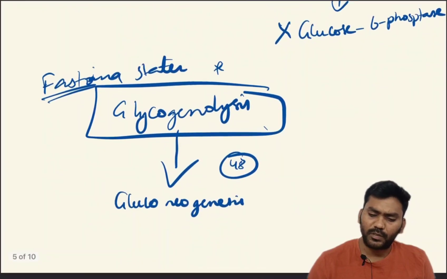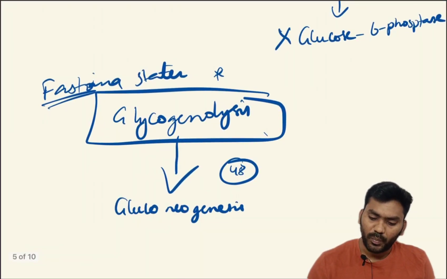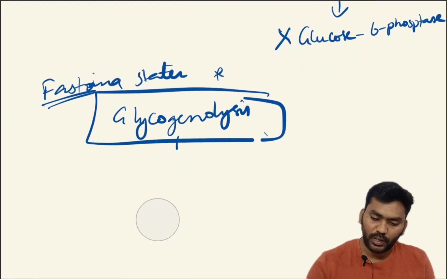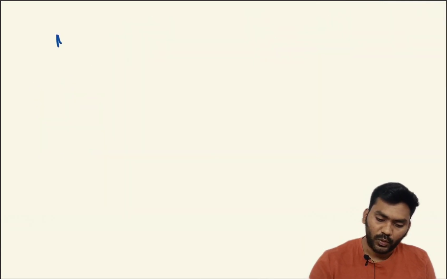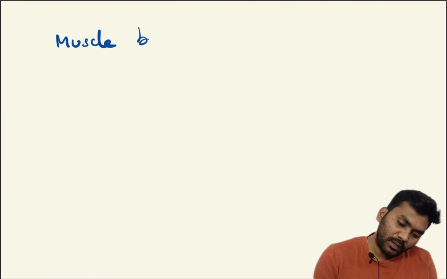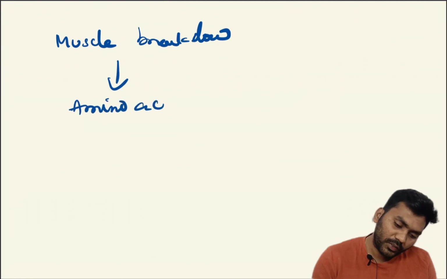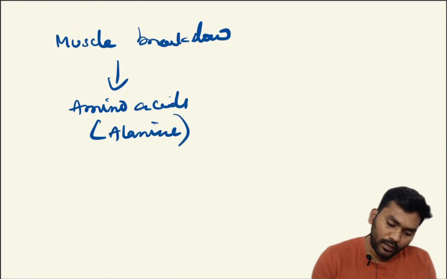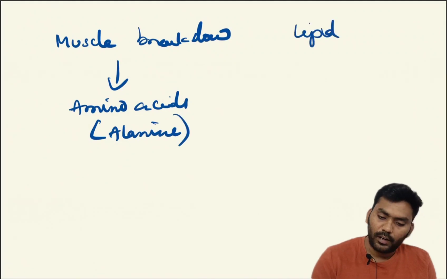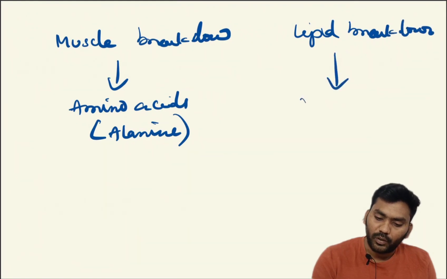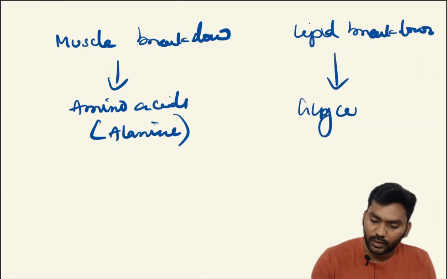From where will the substrates come for this gluconeogenesis? Mainly two important things will contribute substrates for gluconeogenesis. One is muscle breakdown. Muscle breakdown will produce amino acids, mainly alanine, and lipid breakdown will produce glycerol.